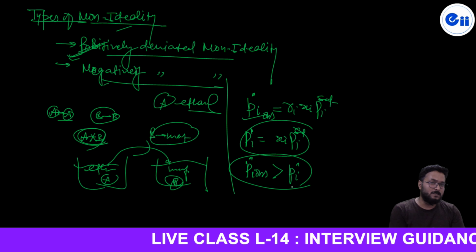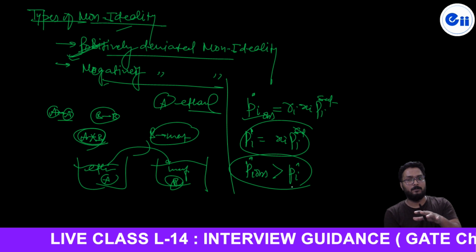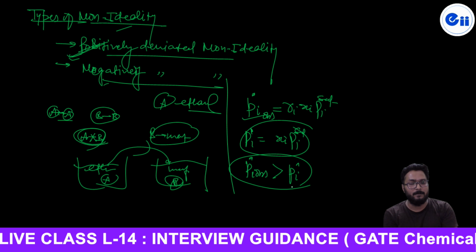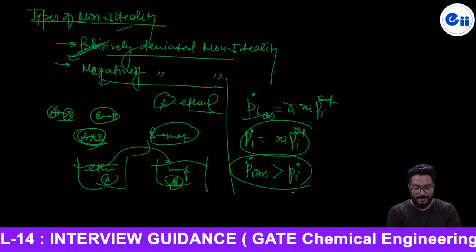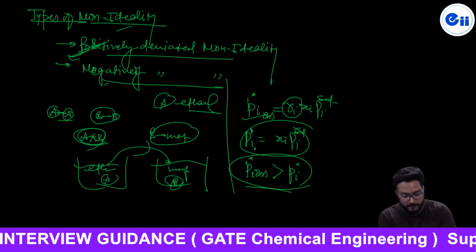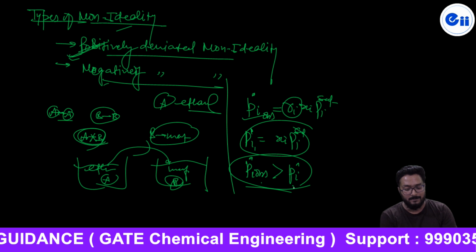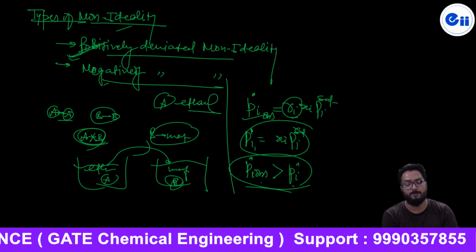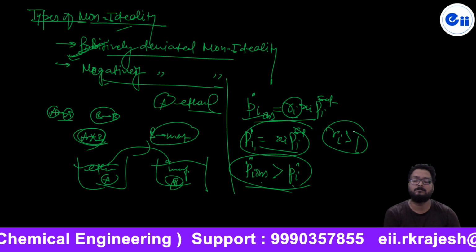So the observed partial pressure is more than that calculated through ideal Raoult's law. Since Pi star observed is more than Pi star ideal, then obviously gamma should be more than 1. Then only it is possible. It means the activity coefficient will be more than 1.